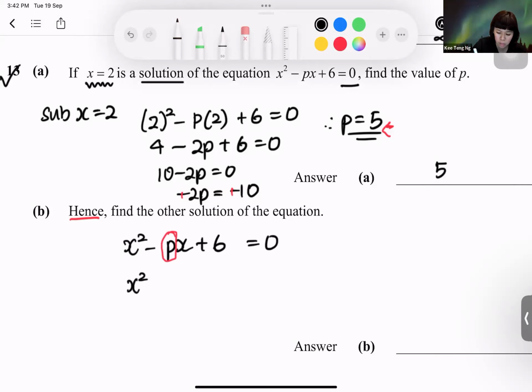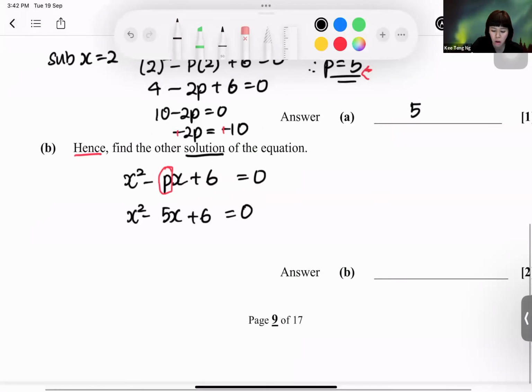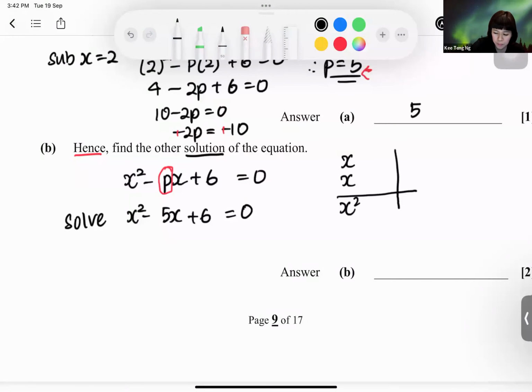So it's x squared minus 5x plus 6 equals 0. They want a solution, meaning I need to solve this equation. How to solve this? I need to factorize using your calculator or your cross method, both can.